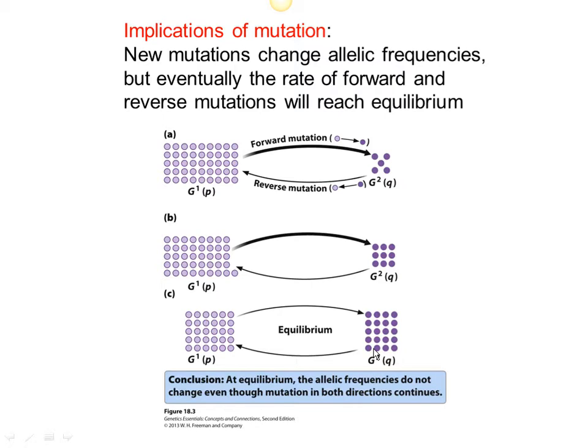From here on out, this population can reach a new equilibrium point. So the implications of significant amounts of mutation are that the population will be pushed out of equilibrium for a time, and it'll reach a new state of equilibrium later where P and Q have changed.